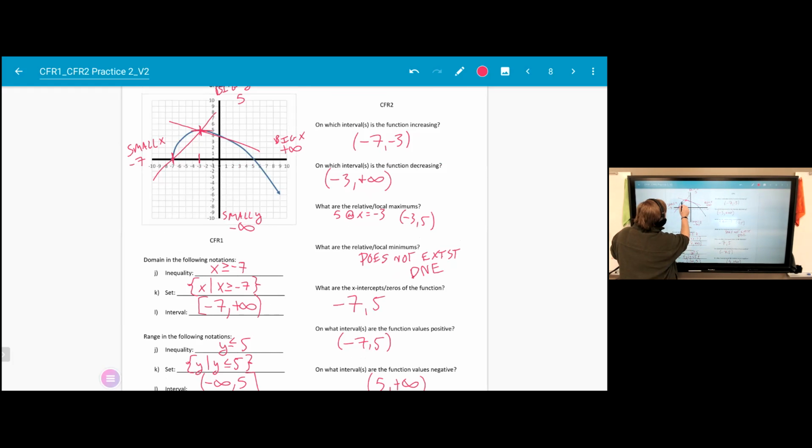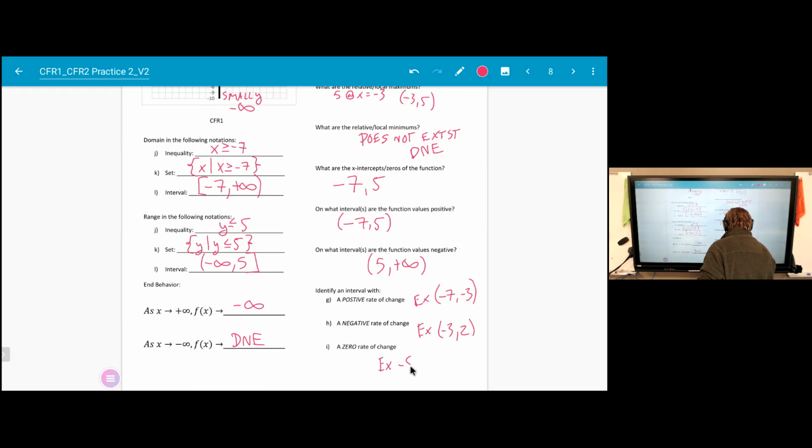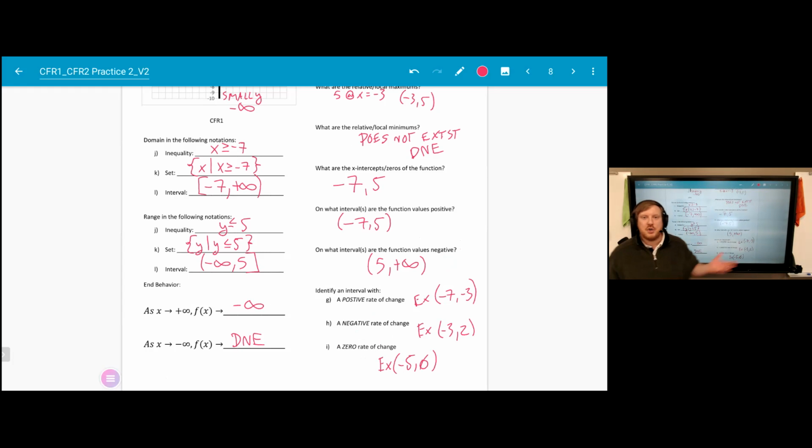I'm going to go from here to here, because this would give me a horizontal line, a 0 rate of change. That looks like from -5 to 0. From my example, from -5 to 0. Are there any other ones? Yeah, absolutely. Between the 2 x-intercepts could have been one, but that's just the one I decided to choose this time.